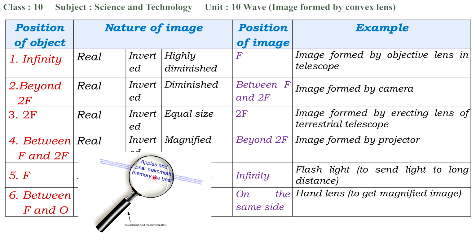At this time, these letters are placed between F and O, the focus and the optical center of the lens, and the magnified image can be seen on the same side. These are all 6 conditions. We are taking them together, and we are taking an example of each of them also.